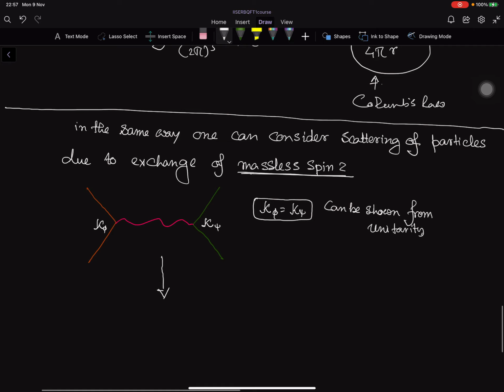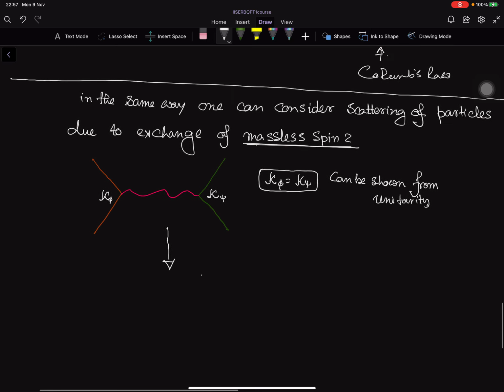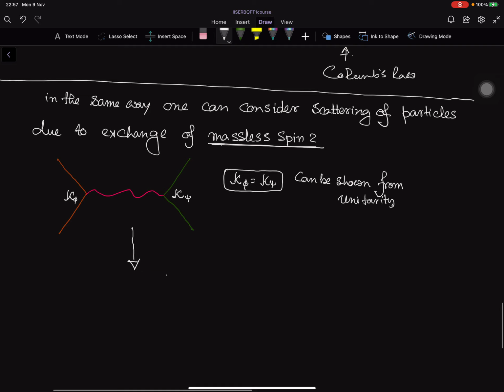In the scattering amplitude, in the non-relativistic limit, the scattering amplitude is very similar to the above. Again, let me write the basic points. So this is spin 2. The massless spin 2 propagator has two metric tensors.